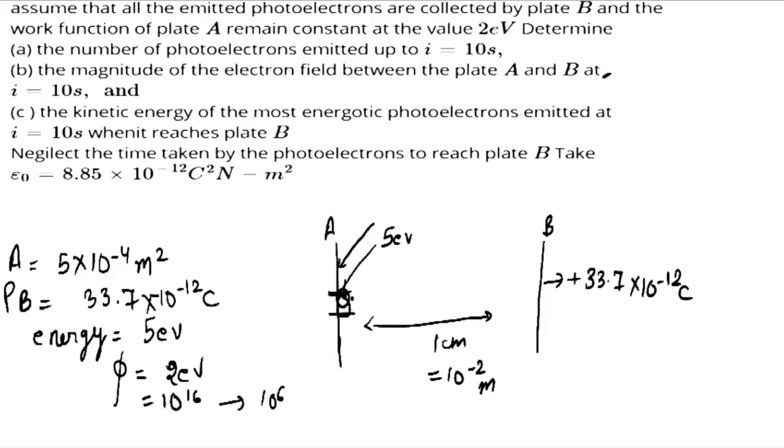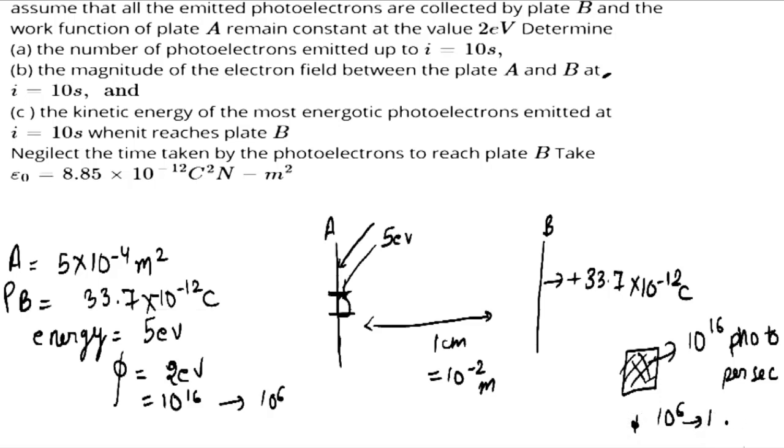On one square meter area there are 10 raised to the power 16 photons per second, out of which 1 from 10 raised to the power 6 will emit a photoelectron.